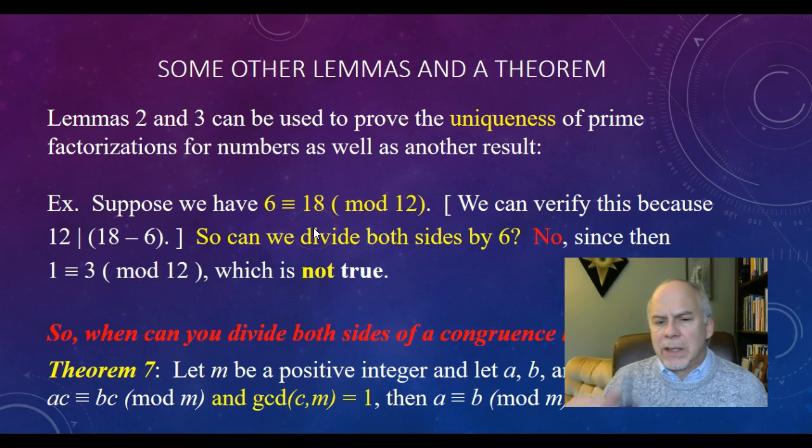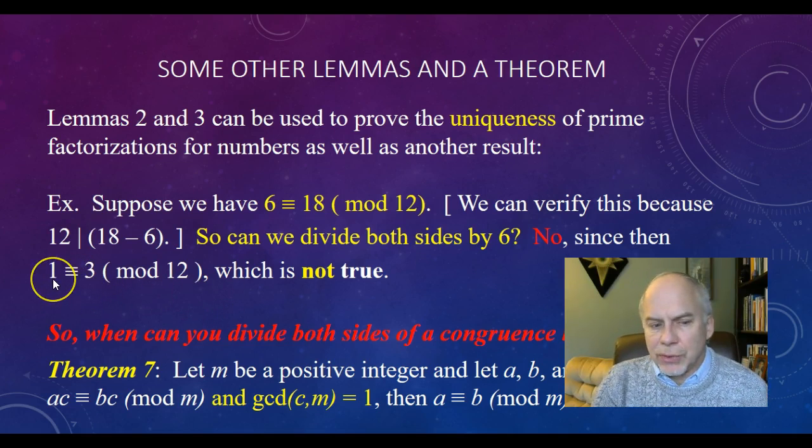So could we divide both sides of this congruence by 6? I mean, that would make it more simple, right? Well, no, because if we did, 6 divided by 6 gives you 1 on the left side, and 18 divided by 6 gives you 3 on the right side.